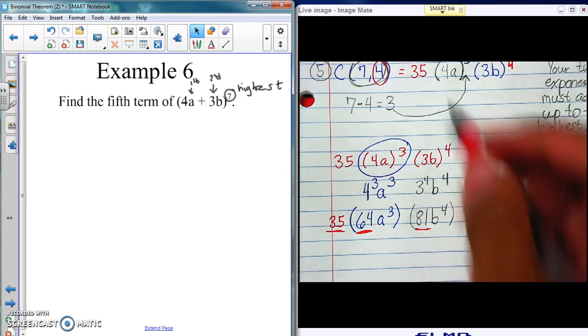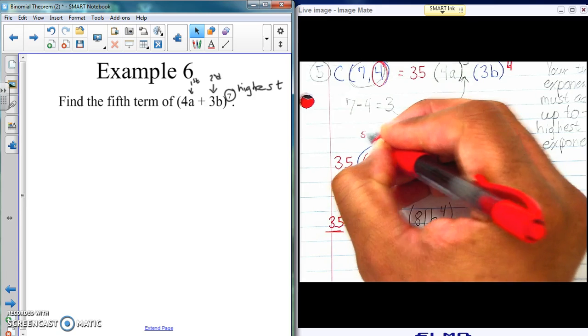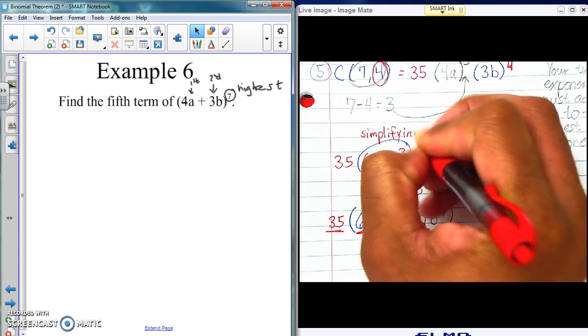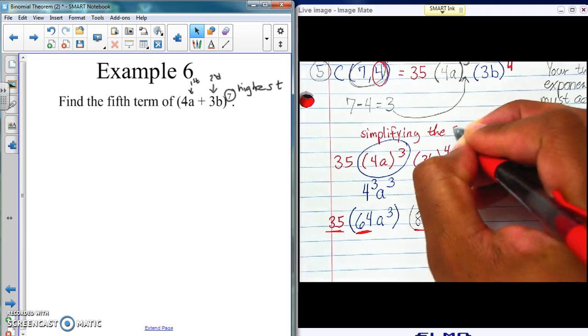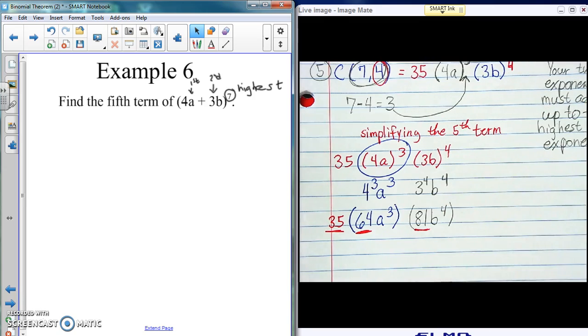And again, remember, this is all simplifying. That's what we're doing right here, simplifying the 5th term.